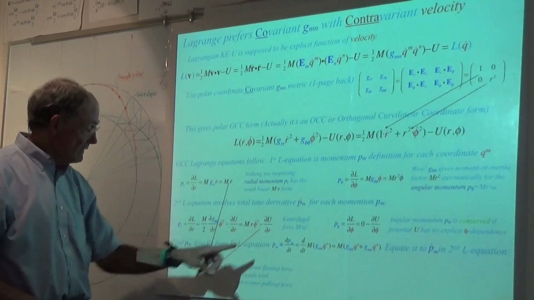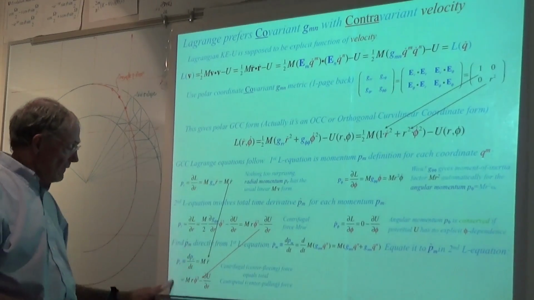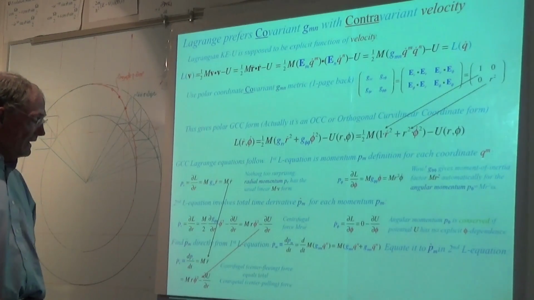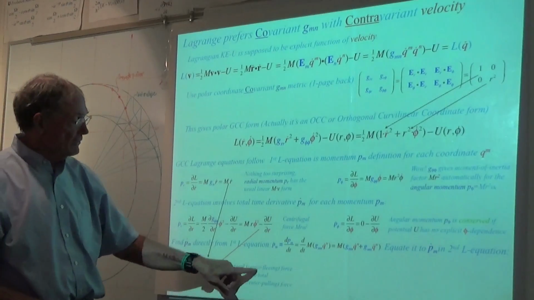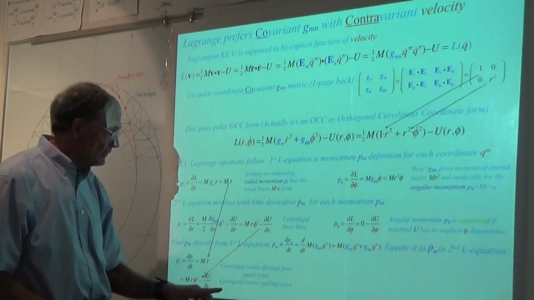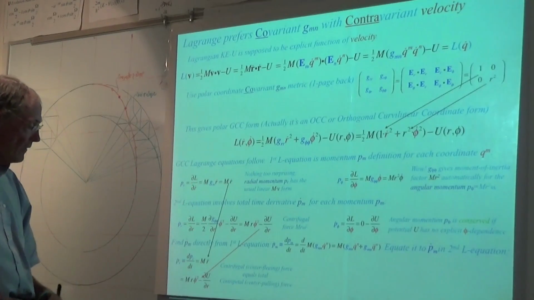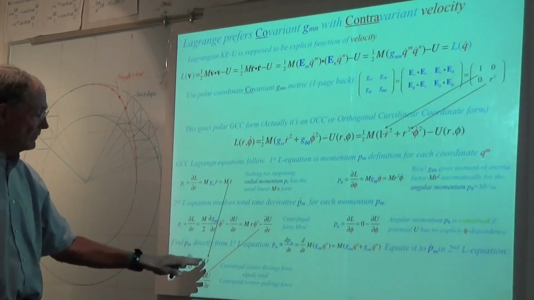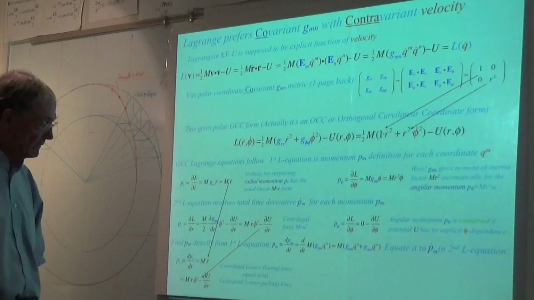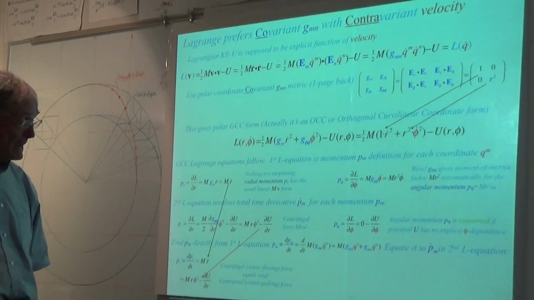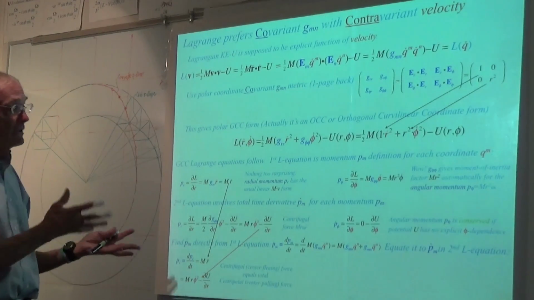So there we've got the equation of motion. We've got centrifugal, center-fleeing force equals total centripetal, center-pulling force. That's what those have to be equal to. Center flee, center pull. Okay? Well, that's neat. The bookkeeping is cool.